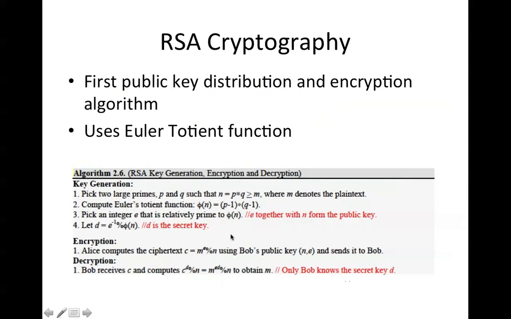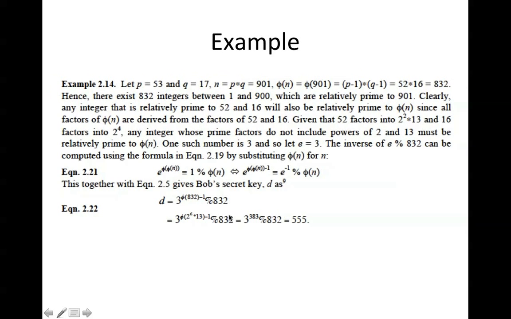If you look back at this, we wanted to pick an integer that's relatively prime to the totient of N. We know the totient of N is 832, and we want to pick a relatively prime number between 1 and 900.